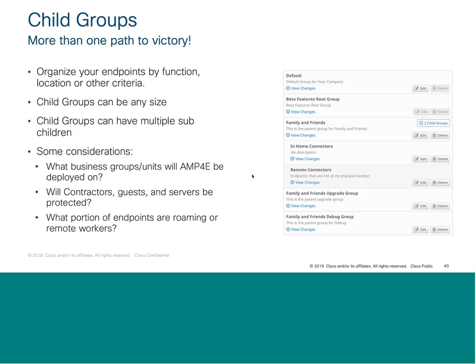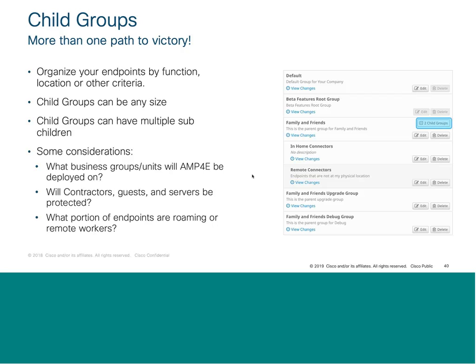So what we want to do is orchestrate child groups. We want to put each of those organizational structures into a child group, and we want to associate it with a parent group. In this example, I have family and friends as one group because I have a lot of family and a lot of friends, and I put their connectors into these two different categories.